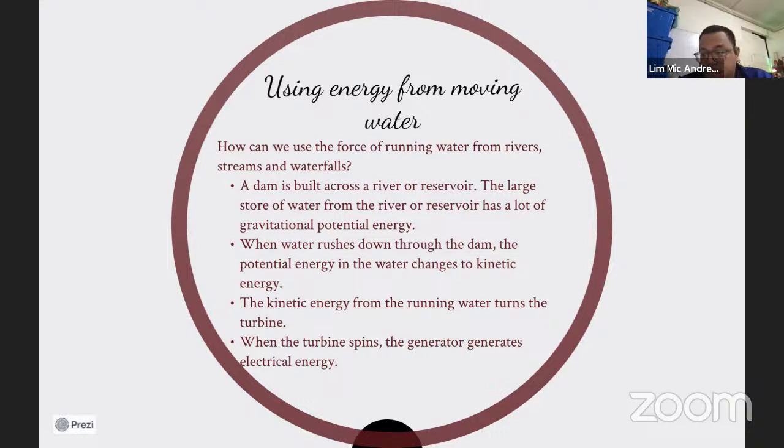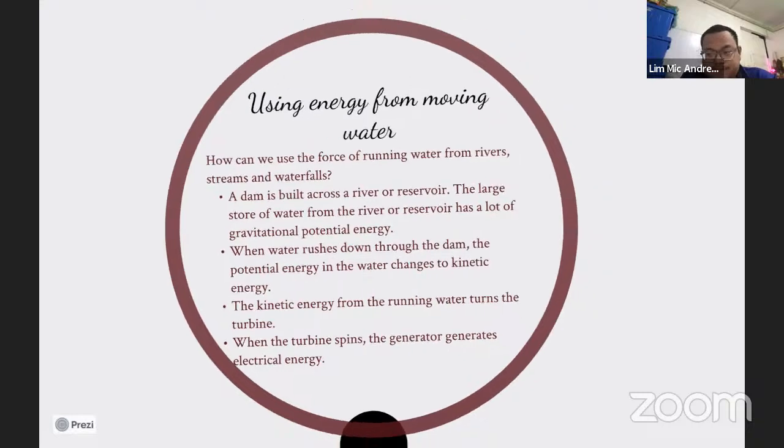So when water is rushed down through the dam, the potential energy in the water changes to kinetic energy, and the kinetic energy from the water turns the turbine. When the turbine spins, it generates electrical energy. And this is used to power our homes at certain locations on this earth.